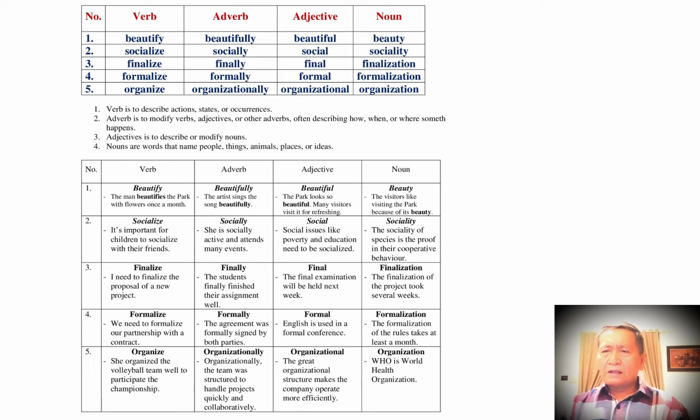Social, adjective. Social issues like poverty and education need to be socialized. Sociality, noun. The sociality of species is the proof in their cooperative behavior.